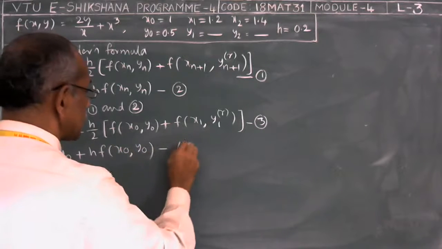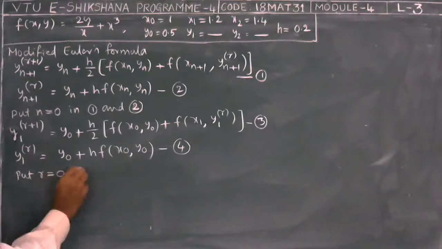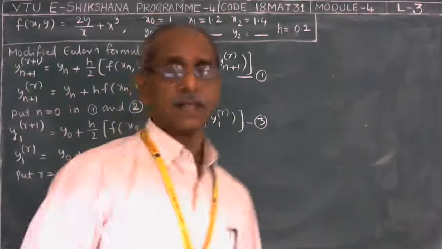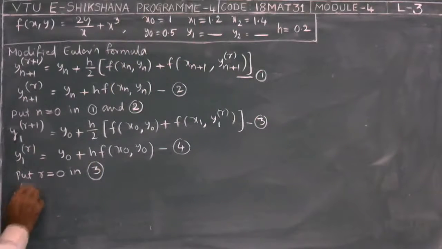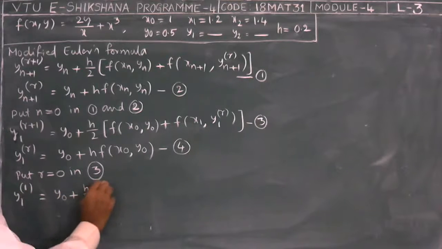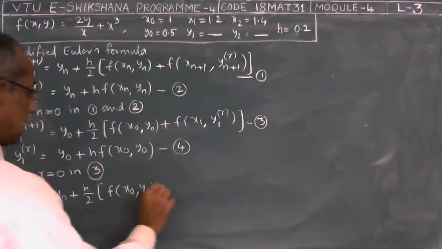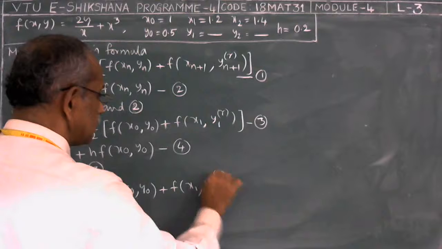Call this equation 4. Now for iteration, I have to fix r is equal to 0 in 3. When r is equal to 0, you get y1 1 is equal to y0 plus h divided by 2 into f of x0 comma y0 plus f of x1 comma y1 0.